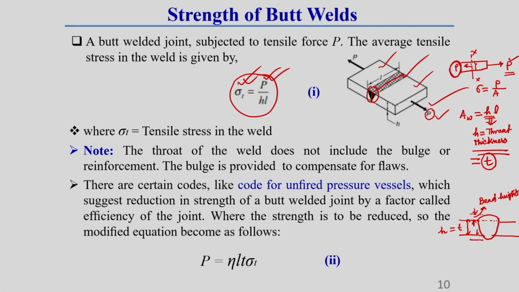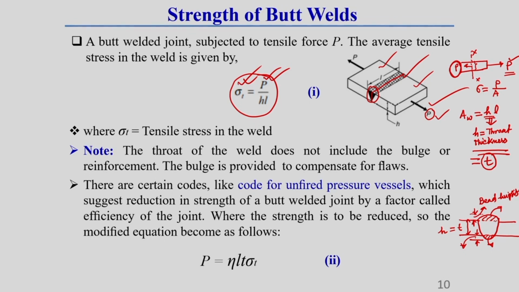Similarly, on the bottom side there is also some extra portion which extrudes out of the bottom surface, called the bottom bead height or bottom reinforcement. So this portion is called top reinforcement and this is called bottom reinforcement. Always keep this in mind when we analyze a welding joint, especially a butt joint.